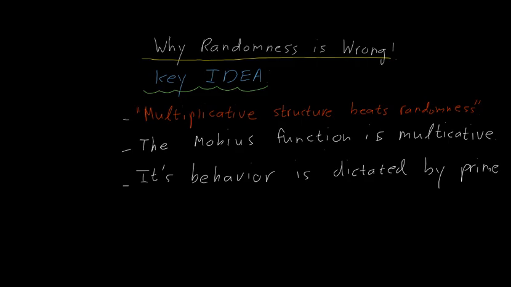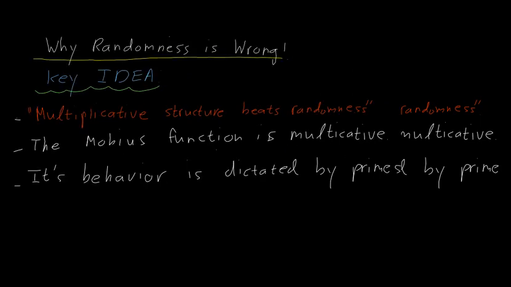So its behavior has to be dictated by prime numbers. Multiplicative structure beats randomness. The Mobius function is multiplicative, and its behavior is dictated purely by prime numbers. So this is not luck. This is purely the structural architecture that I'm talking about of the Mobius function.